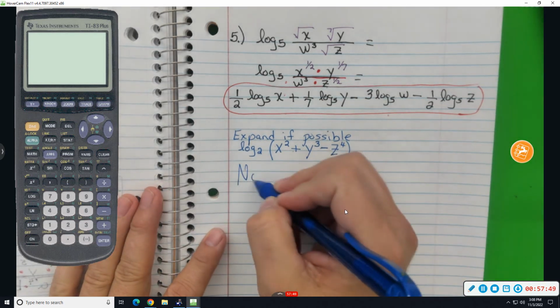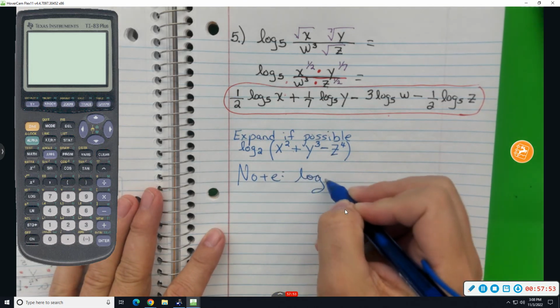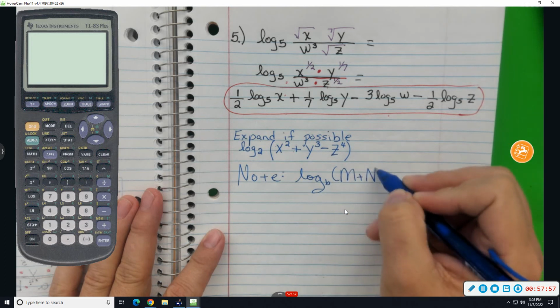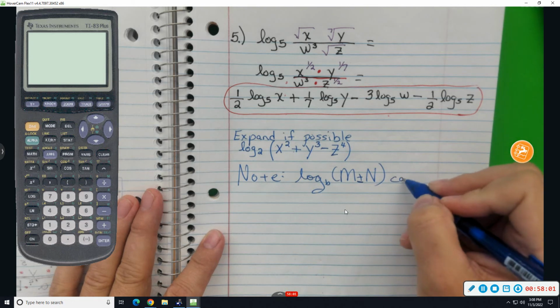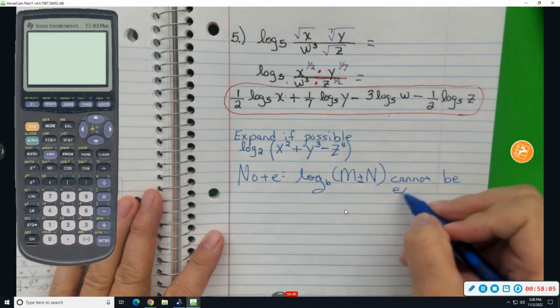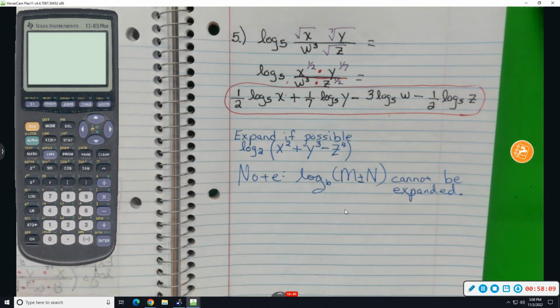Note, log base b of m plus or minus n cannot be expanded or simplified, whatever you want to call it. It can't be separated. That's a good word.